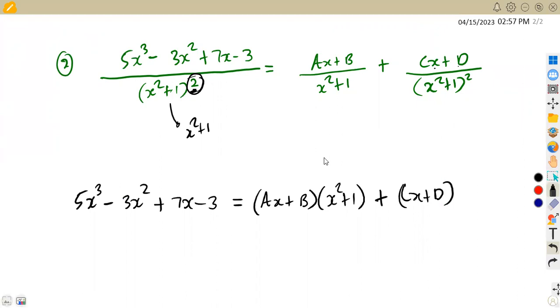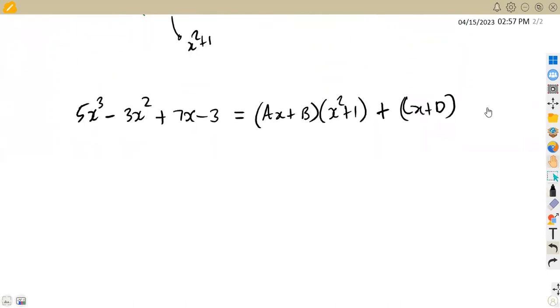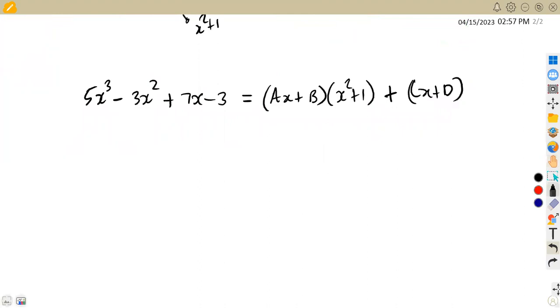But checking what we have, we can't even find any value of x by equating any of these brackets to zero, so it's a waste of time. So what can we do? We go directly into expanding the brackets and equating the coefficients.